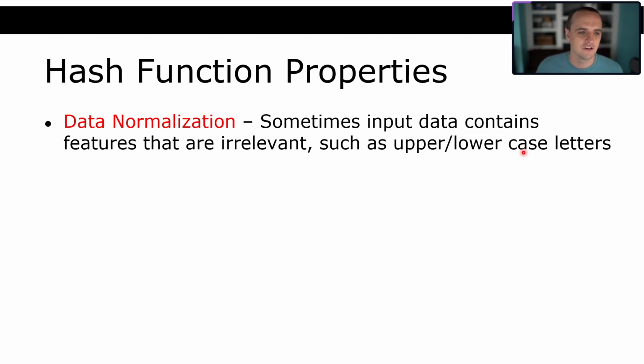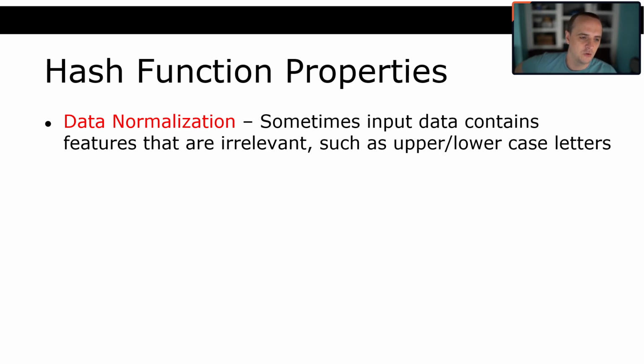Also, data normalization. So you may be interested in normalizing your data. For example, sometimes your input data is going to contain features that might be irrelevant to the context that you're trying to hash your data in. So let's say we were trying to hash student names into some lookup table, maybe for a phone book or something like that.